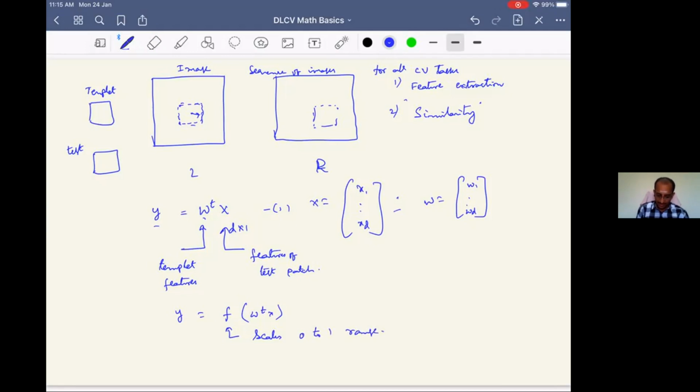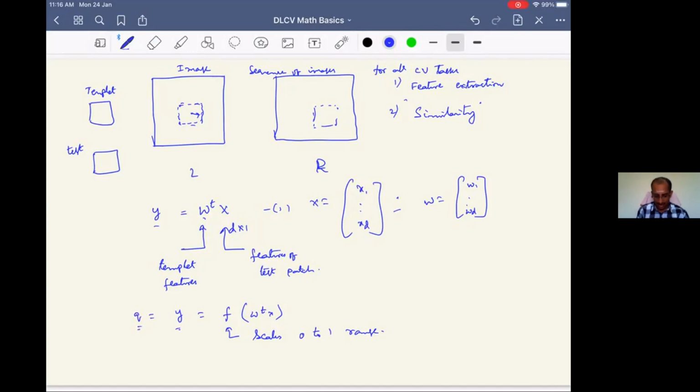If it scales between 0 and 1, how can I interpret Y? If I write this as Q, what can I comment on Q or Y?